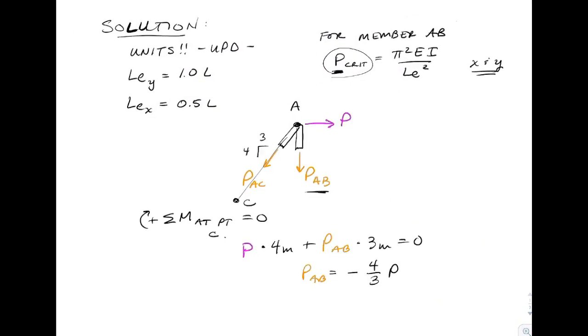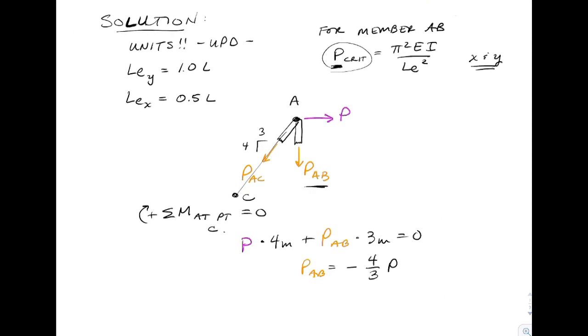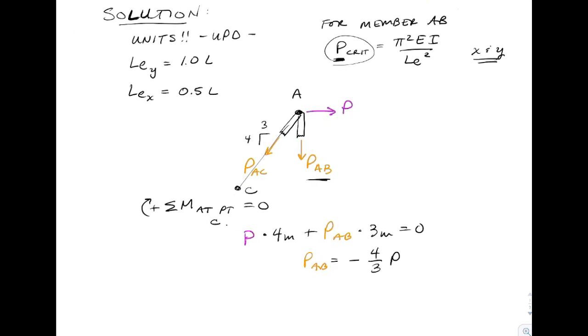All right, so moving forward, we need to check buckling about both the X and the Y axis. So P critical about the X axis would equal pi squared EI about the X axis divided by LEX squared.